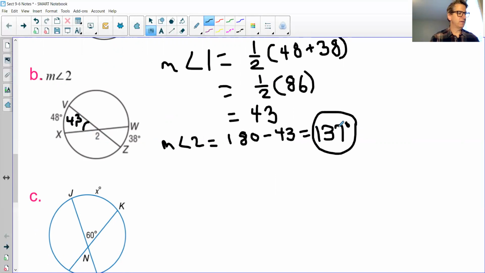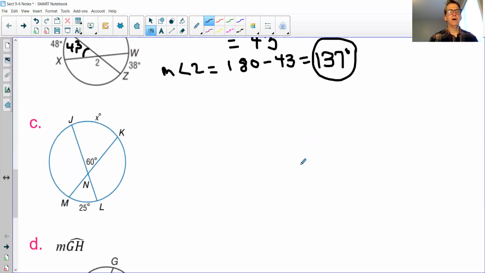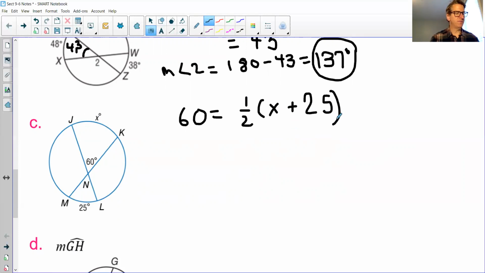Okay, C. We're going to work with this one now. We have the angle measure of 60 degrees. So if that is the angle measure, that is equal to 1/2 times the sum of x degrees plus the 25. Here we're given the angle measure, but now we're going to find one of the arcs. So we're going to call that x degrees.